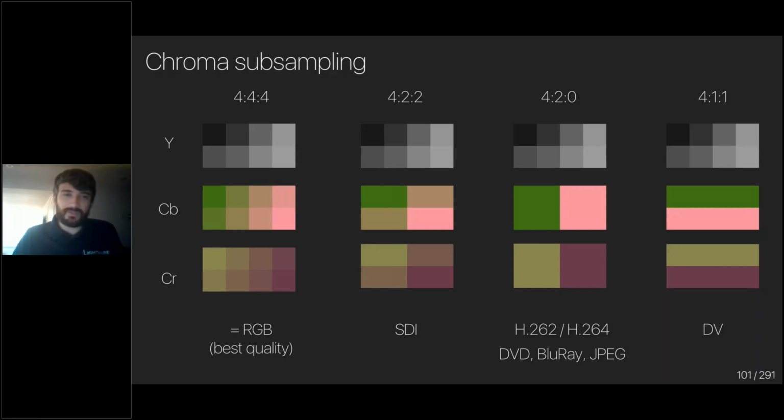And 422 is generally regarded as a visually lossless, professional level sort of quality. So by subsampling this information, we don't necessarily lose the quality. However, when we go down to 420 and we've got the four neighboring pixels sharing the same information, then that's when, in certain cases, you may be able to notice a difference, and we'll take a look at that in a minute.